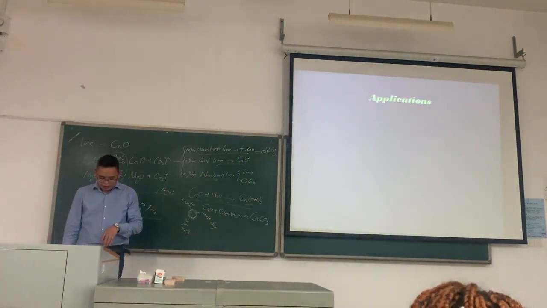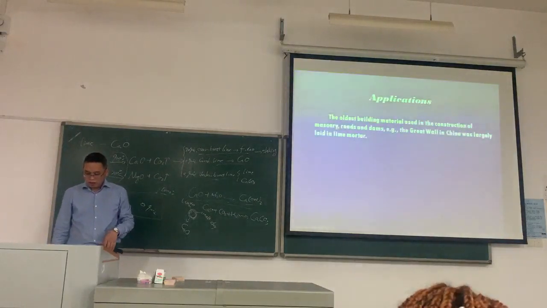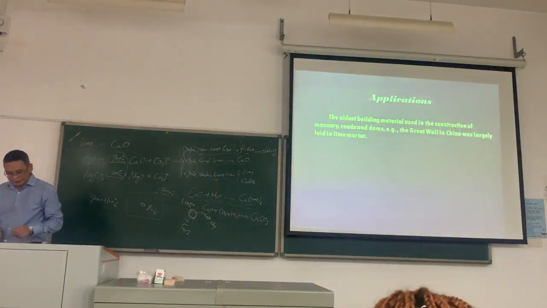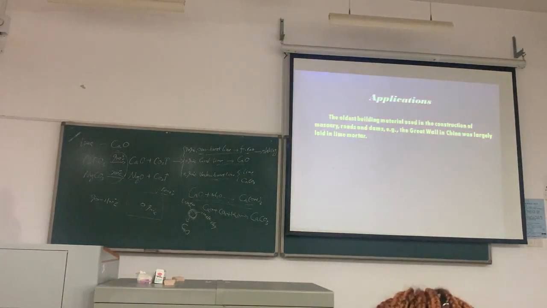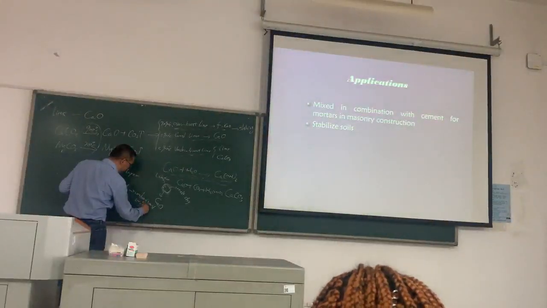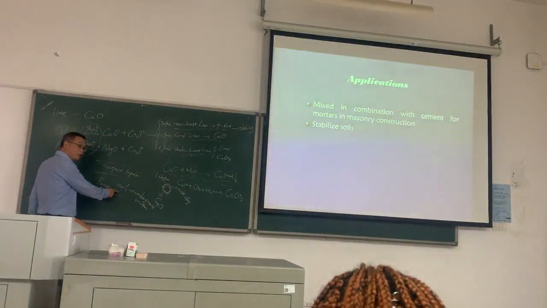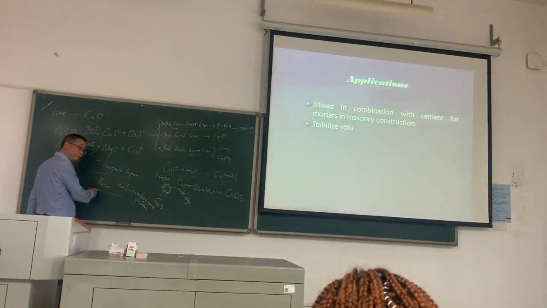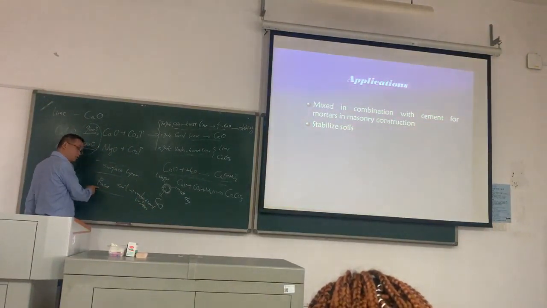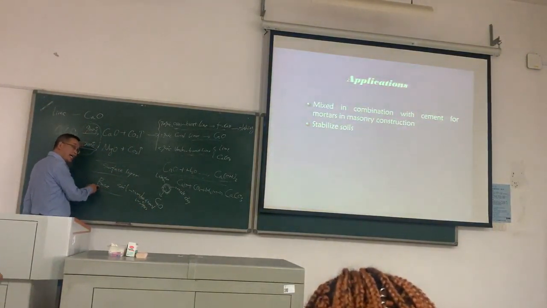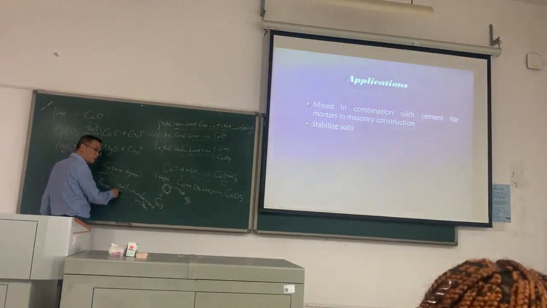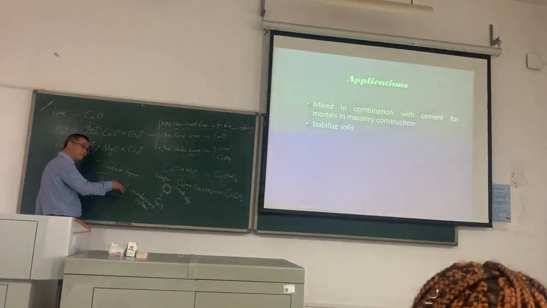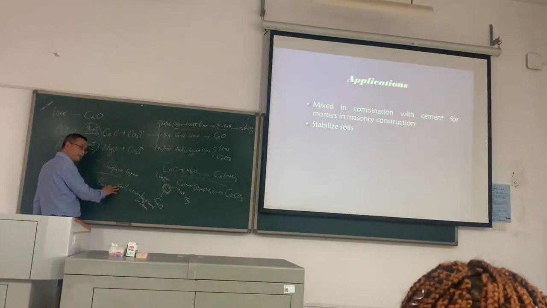And for the application, the stability of the soil or the stability of the base is poor. And how to solve this problem? We can add the lime into the soil, mix them, and then compact them.